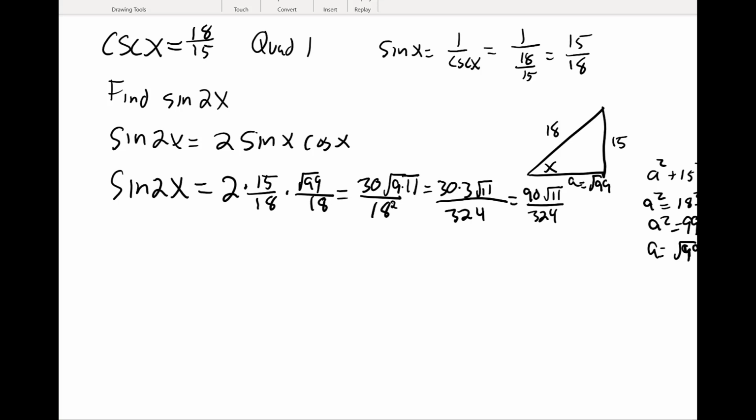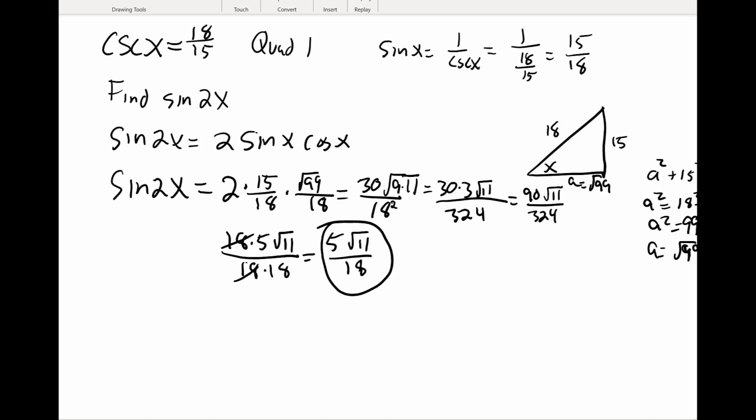So 90 divided by 18 is what, 5? So we have 18 times 5 times the square root of 11 over, and then 324 is just 18 times 18. So that divides out, and we have 5 times the square root of 11 over 18. And that's it. Okay.